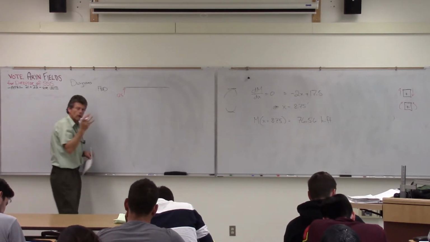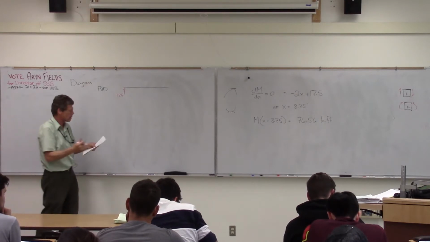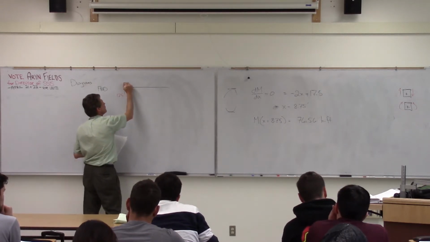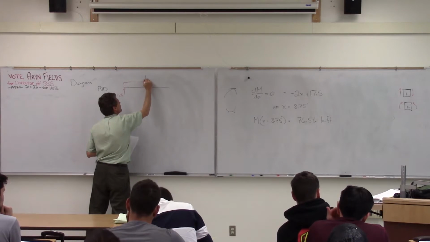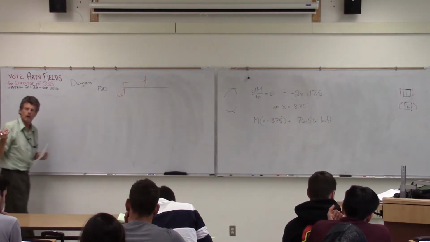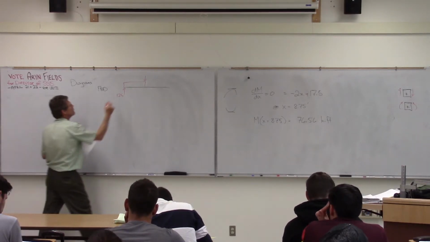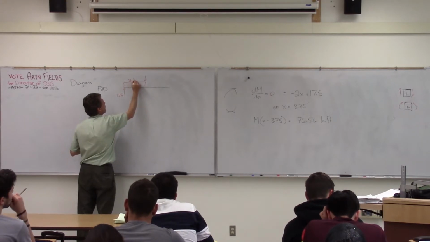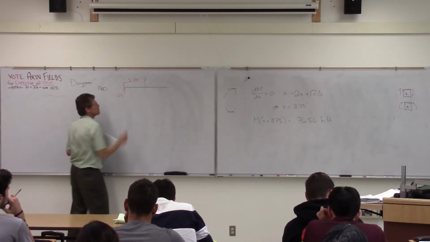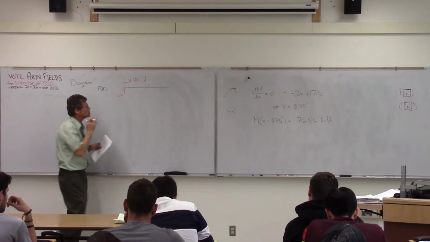Okay, the way we draw our diagrams, the first thing we do is draw our free body diagram. Now again, our free body diagram doesn't have an equivalent load. It has a uniform load, so we need to make sure we have that there.